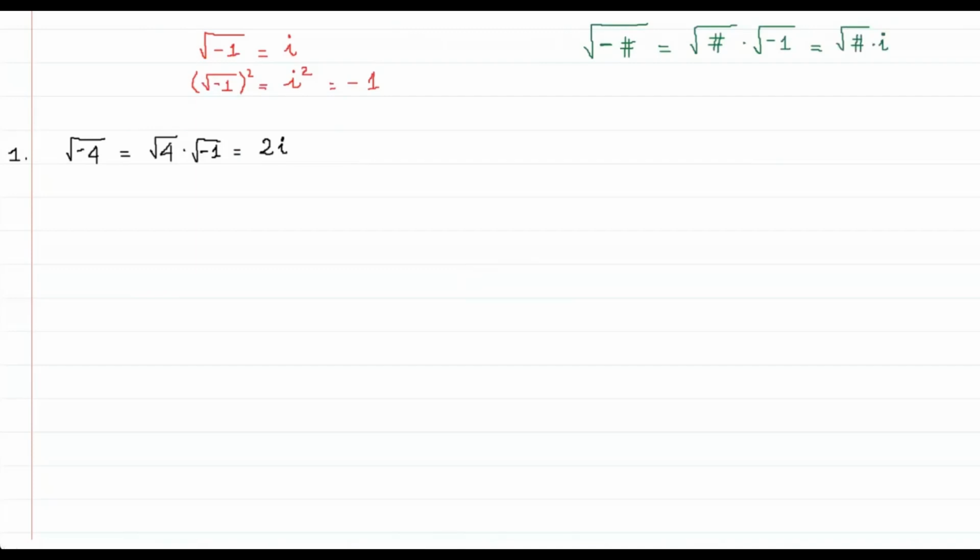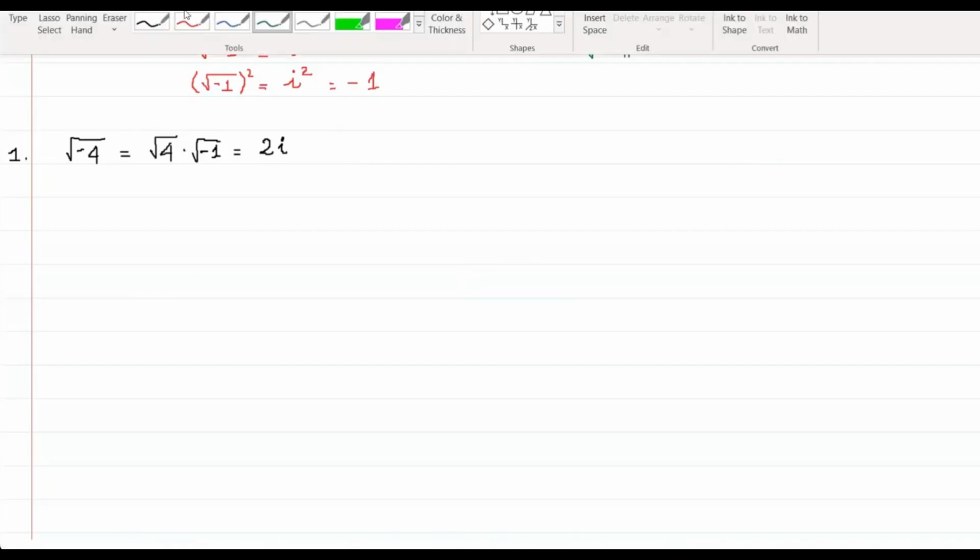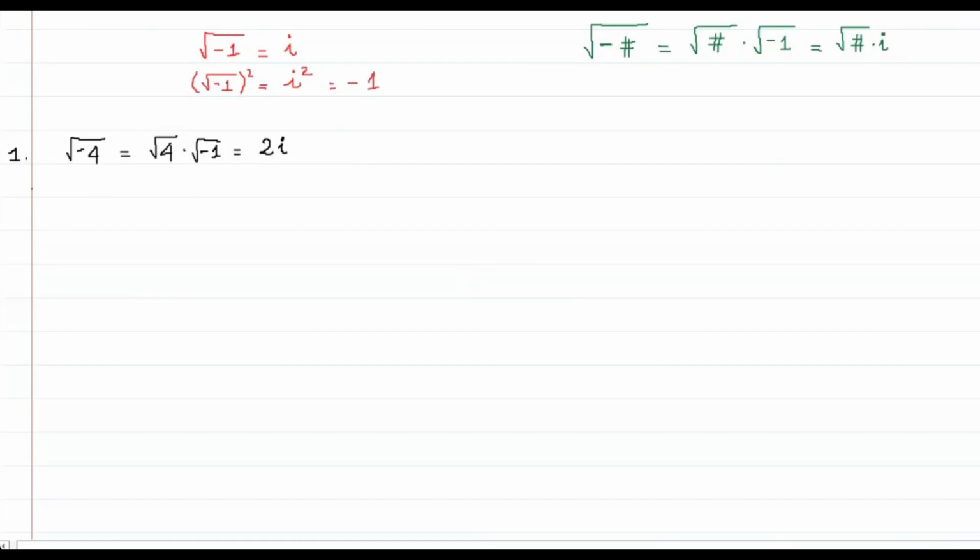All right, for the next question, number 2, we have the square root of 98. When you want to find the square root of some number, think about whether you can break that number down into some number squared.